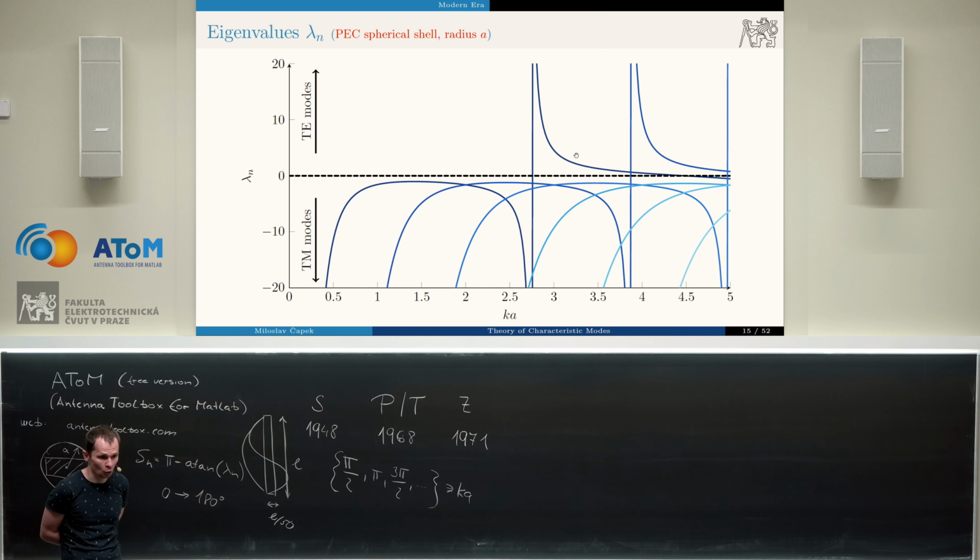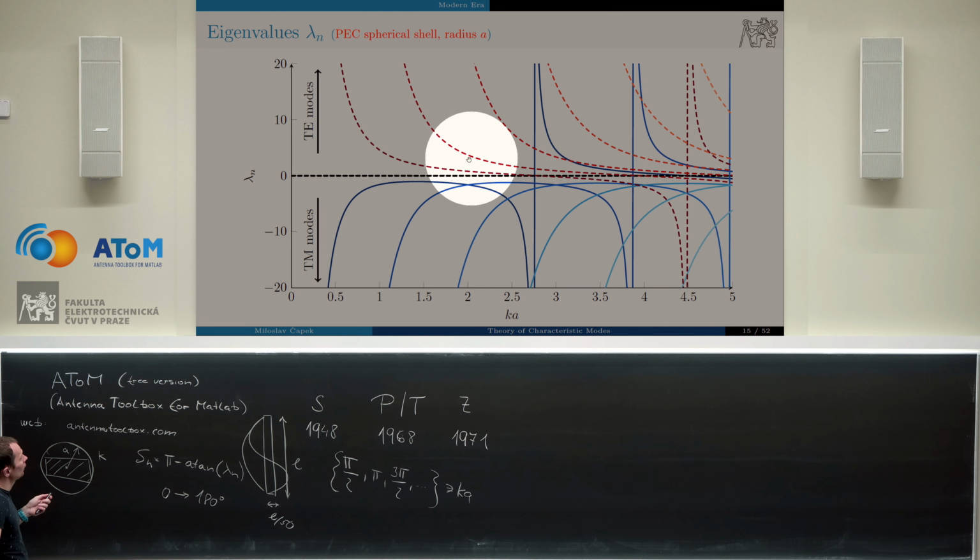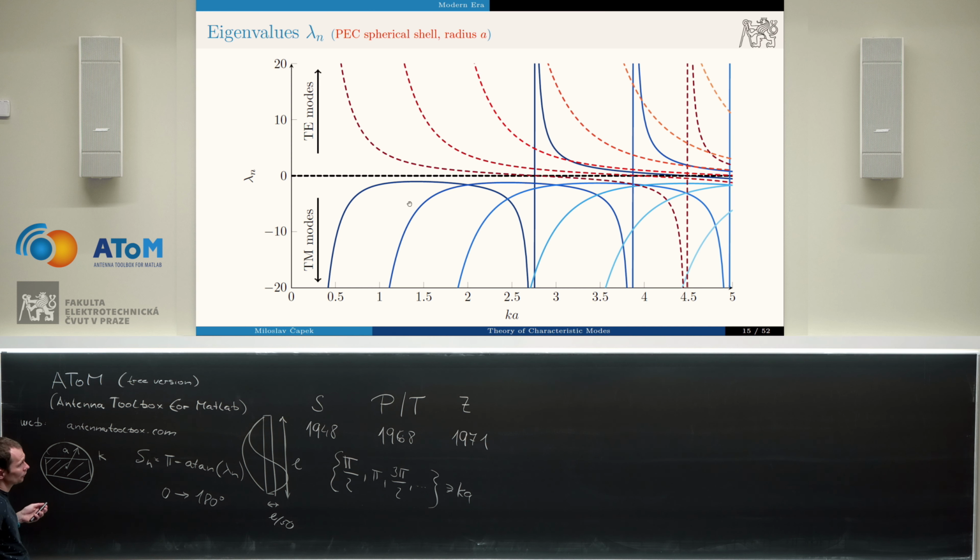Here you can see the frequency behavior of eigennumbers for a spherical shell of radius a. First the TM modes in blue, and then the TE modes by dashed red curves. By the way, why is this also such a challenging example for any validation? It's not only because the eigennumbers are spanning the entire range from -infinity to +infinity.